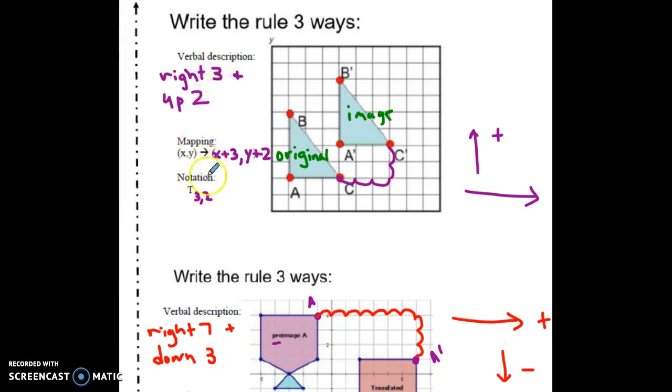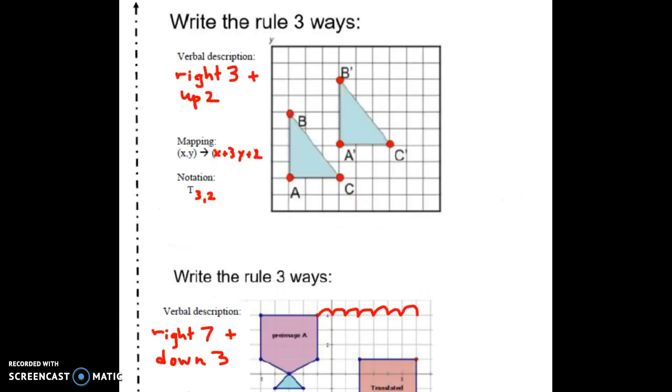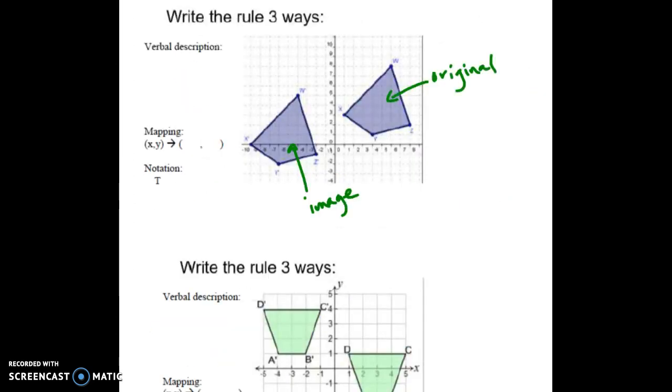You're describing them, writing it in mapping notation and the T notation. Make sure you have this one. And then I want you to pause the video because on the next side, if you flip this over, there are 2 more questions, okay? And your job is to try this. If this is the image with those little tick marks, and this is the original shape, you're going to figure out how far they slid it over.